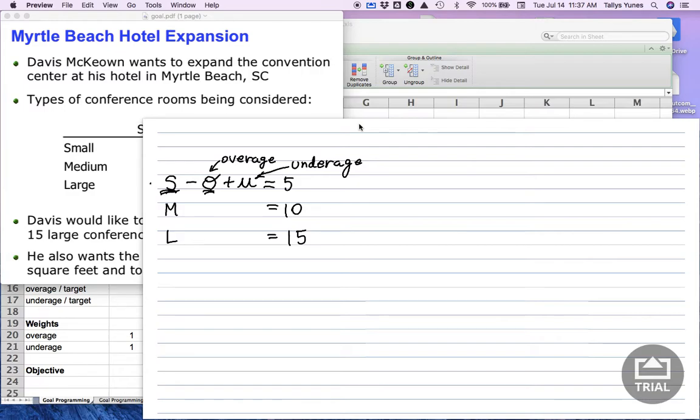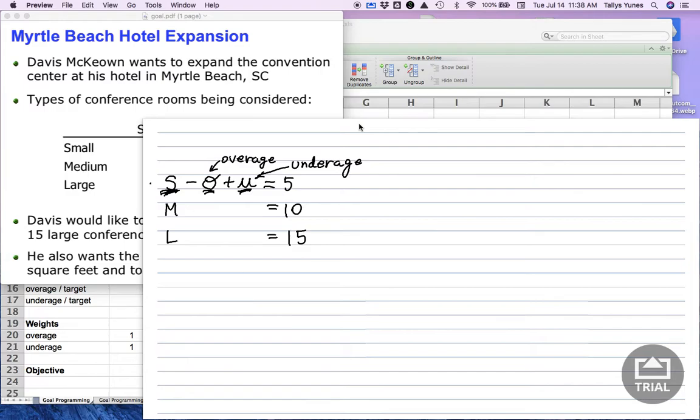If S wants to be less than 5, there is an underage, that is, by how much are you, variable S, less than 5? And that amount is what I have to add to S to bring the value back to 5. And because I don't know what situation I will be in, I need to have both of these possibilities in the formula.